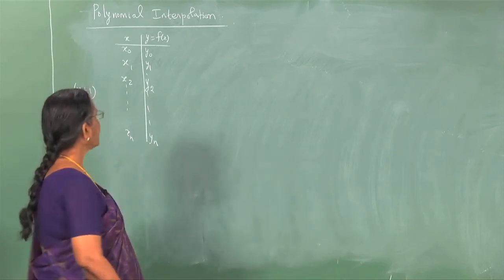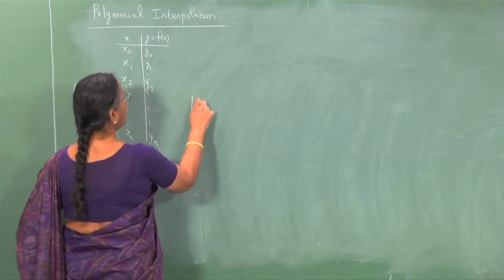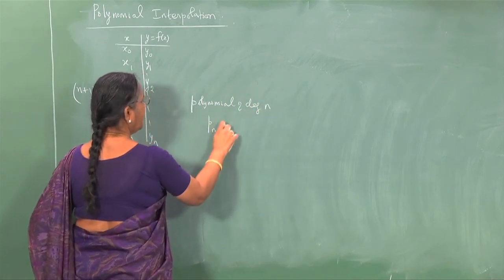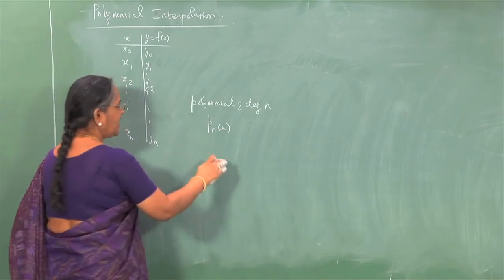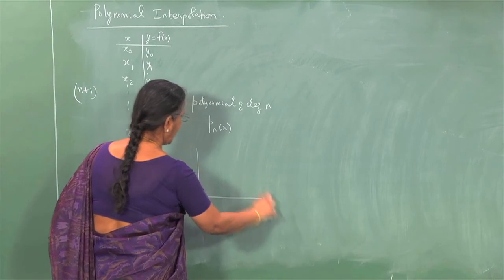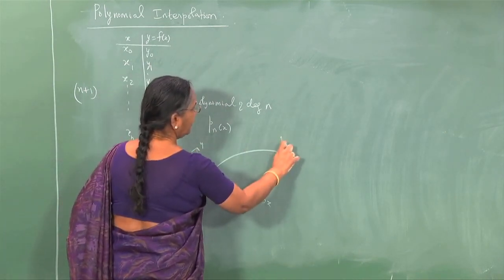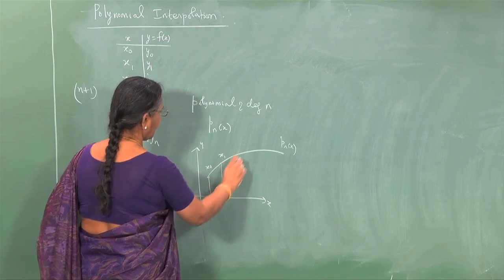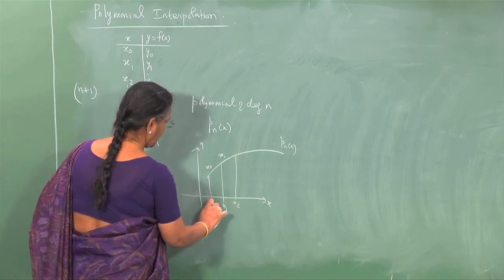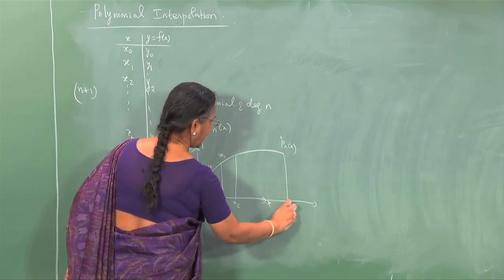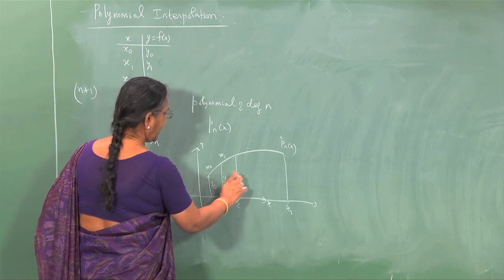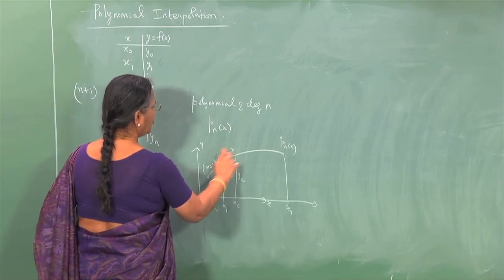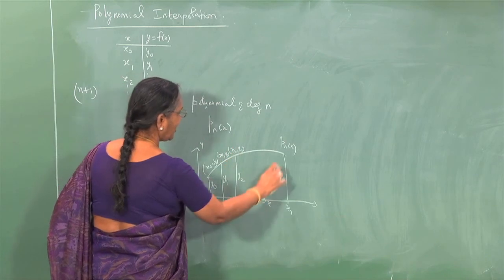So, as I said earlier, I want to seek a polynomial of degree n, say I denote it by Pn of x, such that if I draw a smooth curve in the xy plane of this polynomial Pn of x, it should pass through the points x0, x1, x2, etc., say xn, such that it should take the values y0, y1, y2 at the points x0, x1, etc.